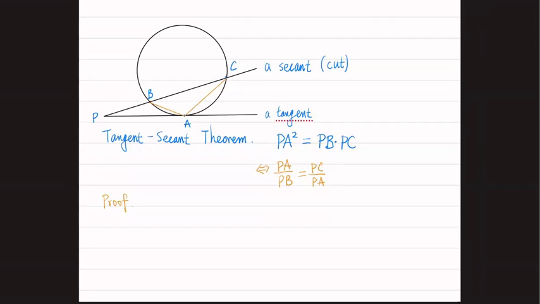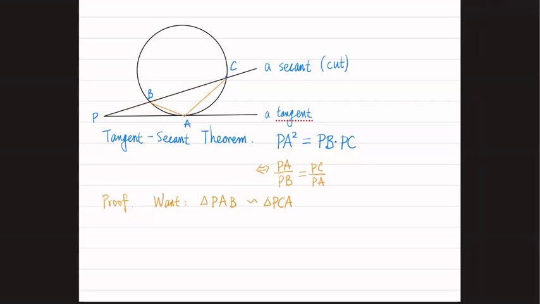I wanted to say PAB, PCA. What theorem could we apply? And how to apply this? Why these two triangles, PAB and PCA, why are they similar?